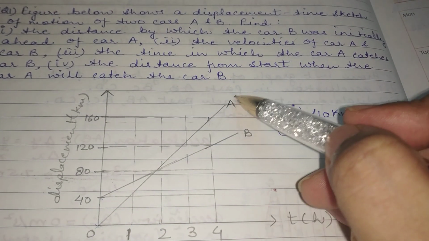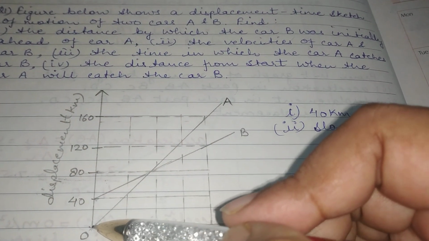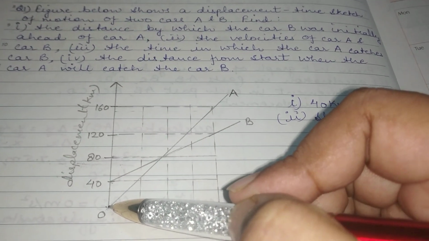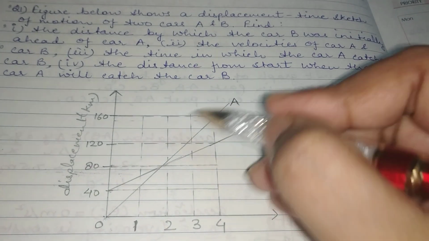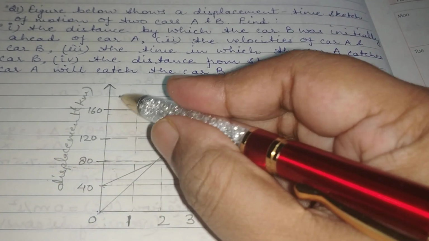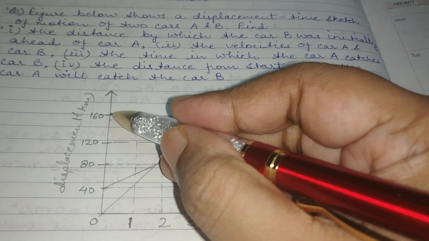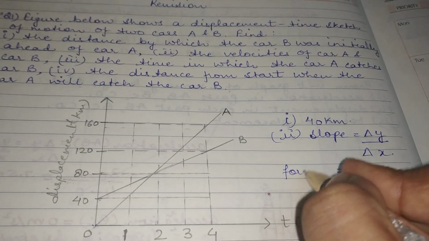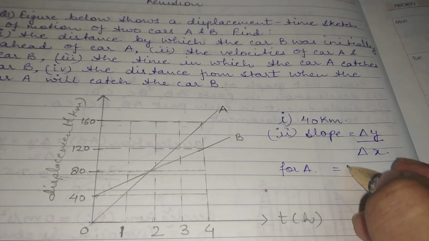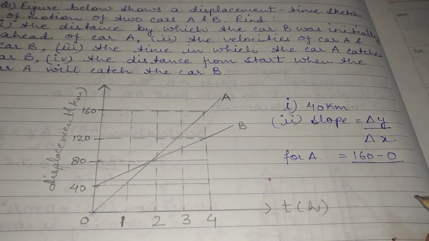So in order to find this change in y-axis for car A, you have to see the initial position of the car and the final position of the car. So for A, initial is 0, final is 160. So which one is a final point? 160. So what will I write? For A, change in y-axis is 160 minus 0.